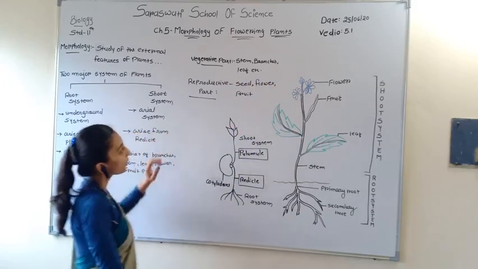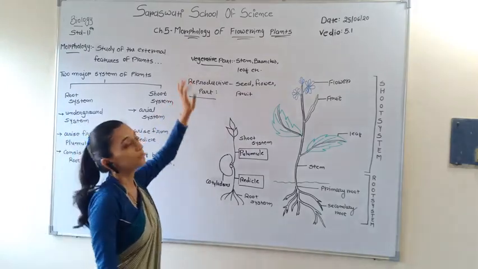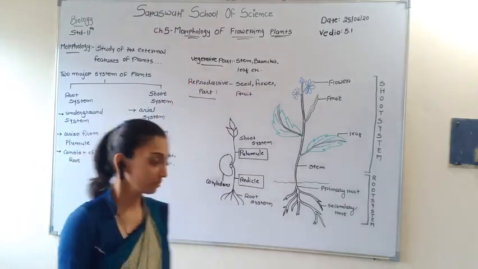So these are the reproductive parts and these are the vegetative parts of the plant.